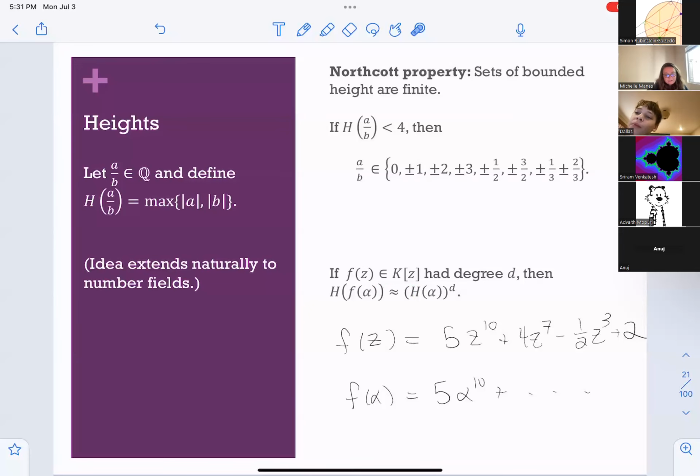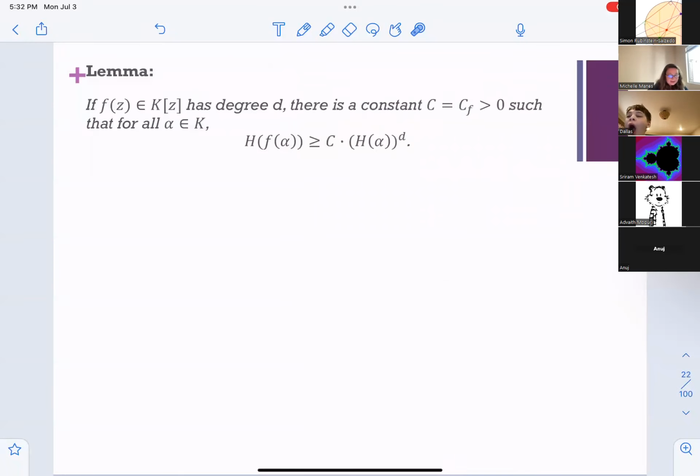Approximately the height of f of alpha, right? This lead term of the 10th power should kind of dominate. It should be the one that's the most important. And in fact, we can make that really precise. There's a constant, this little c sub f, which says it depends on the polynomial. It depends on the coefficients of the polynomial.